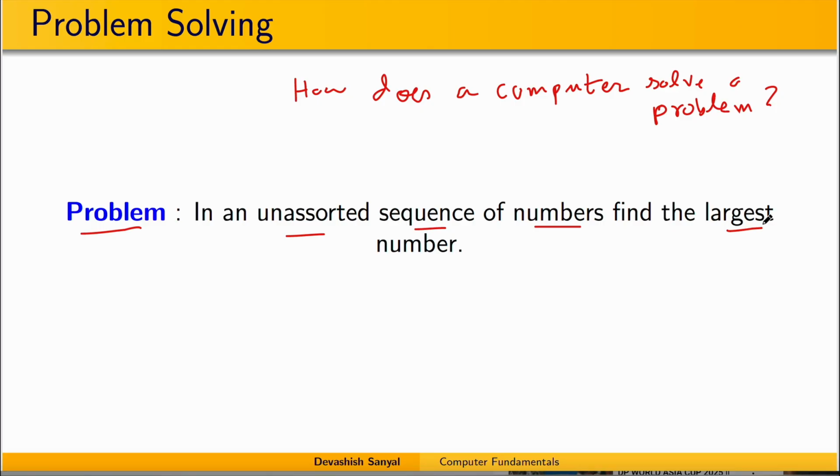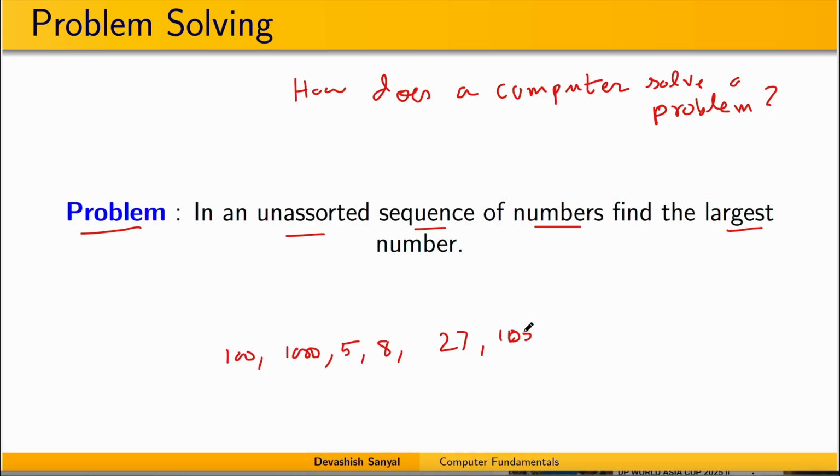That means we may be given some numbers like, say, 100, then 1000, 5, 8, 27, then we may have 1050.